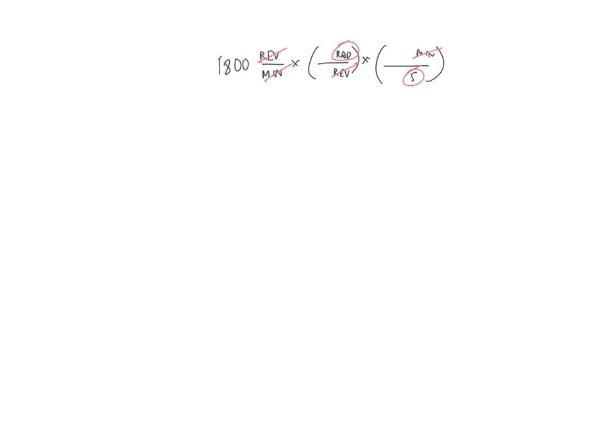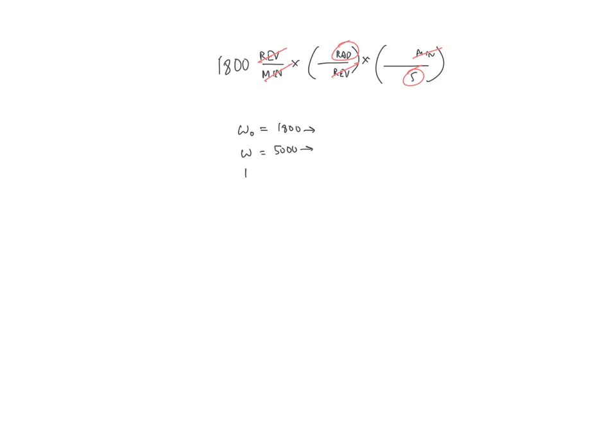Part C, calculate the angular acceleration of the crankshaft during that 2.4 second time interval as it's going from the 1800 RPMs to the 5000 RPMs. We already converted those back in part A, so whatever answers you got for those are going to be your values of the initial angular velocity, whatever that 1800 was once you converted it, and the final angular velocity is going to be whatever that 5000 was once you converted it.